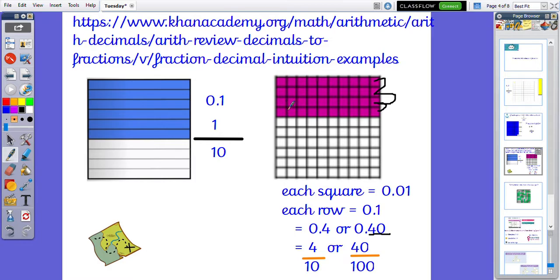Okay, it also shows that we have 4/10 because we have 4 rows shaded in, and we know that each row is equal to a tenth. Or we could say we have 40/100ths because 40 squares are shaded in, and we know that they are equal to 1/100.